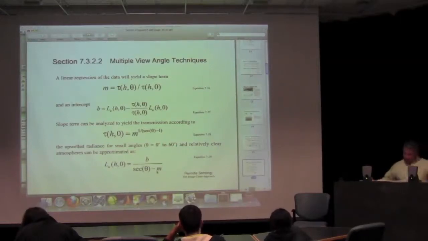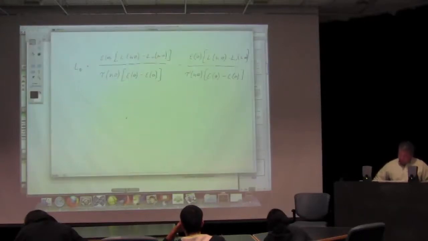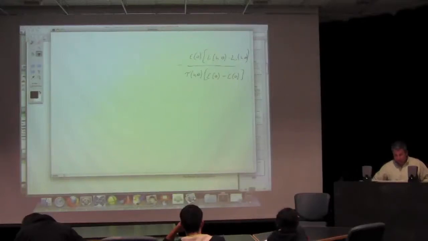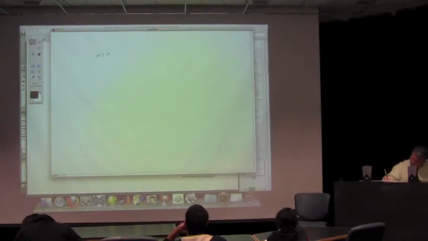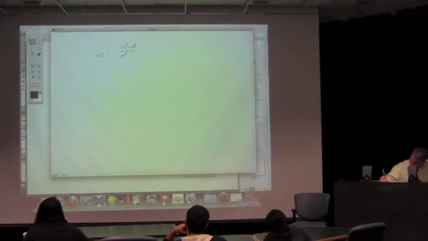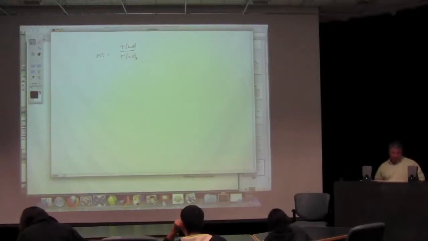All right, so let's take a look at that for a second, because I think that's a pretty big jump. All right, so we had m equals tau_H theta over tau_H0. Okay, looking straight down.